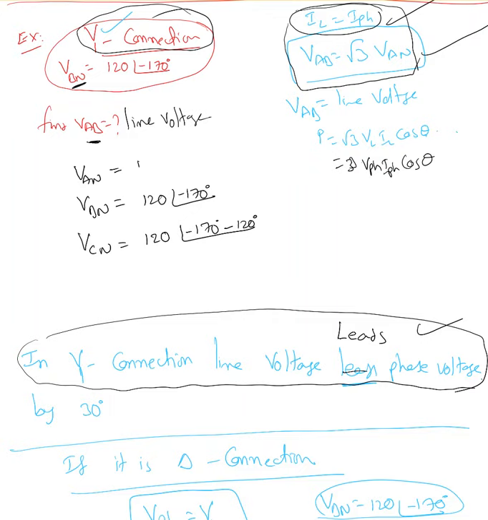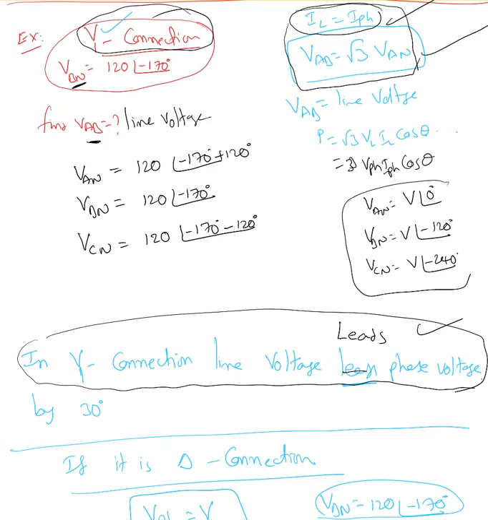And VAN equals 120 at an angle of minus 170 plus 120, because if you remember from my previous videos, I always give VAN equal to V at an angle of 0, VBN equal to V at an angle of minus 120, VCN equal to V at an angle of minus 240. So you may need to remember this too.